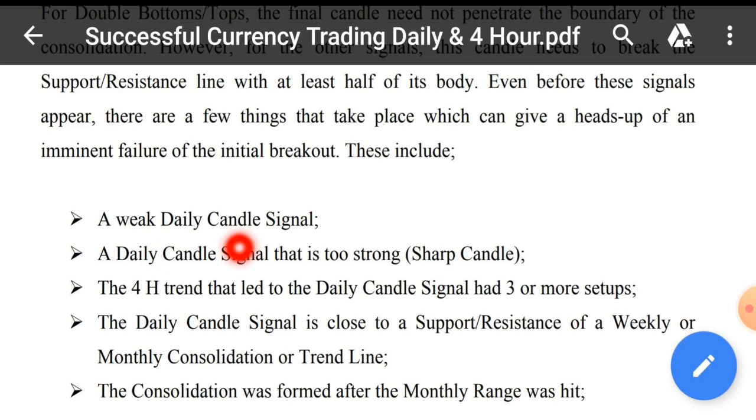So essentially what can happen is that the breakout candle can be too large, and because of the significant size of the breakout candle, what it is telling us is that the market has essentially overextended itself and thus has a strong chance of reversing and taking us back inside of the consolidation.